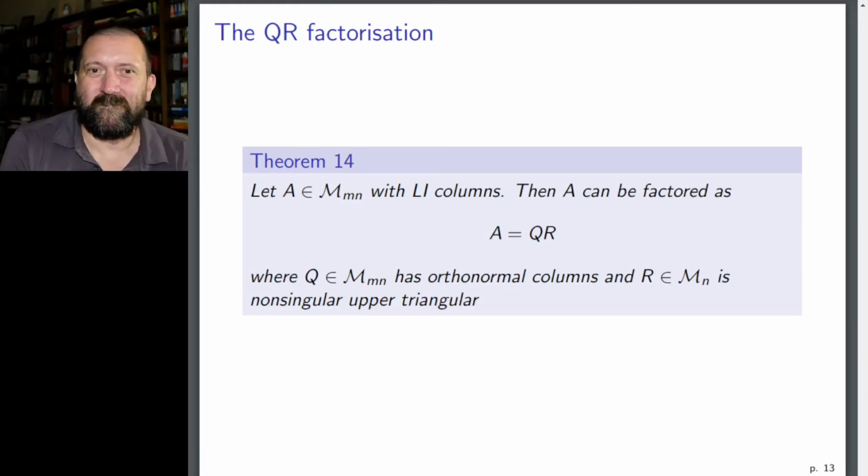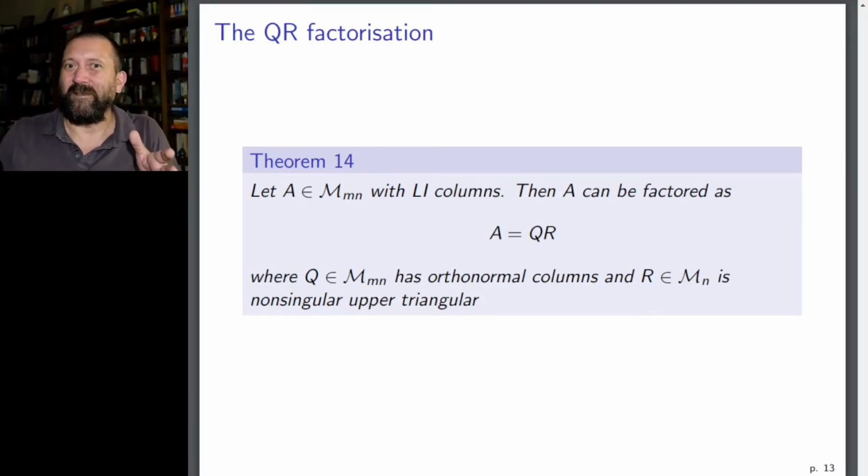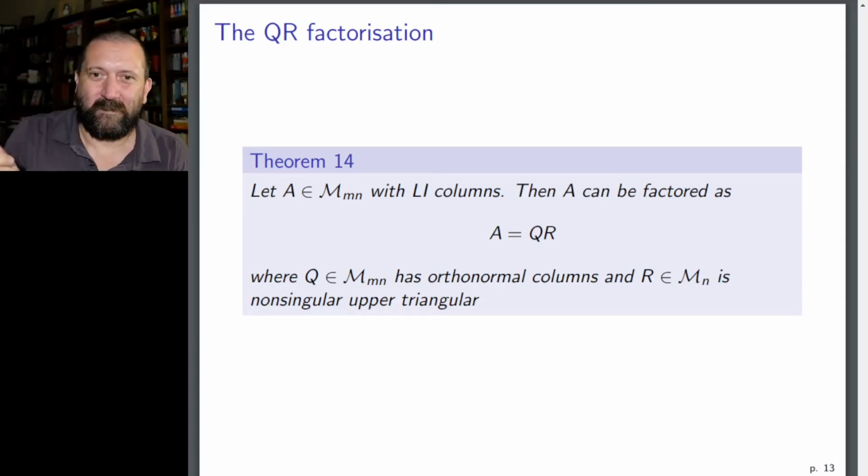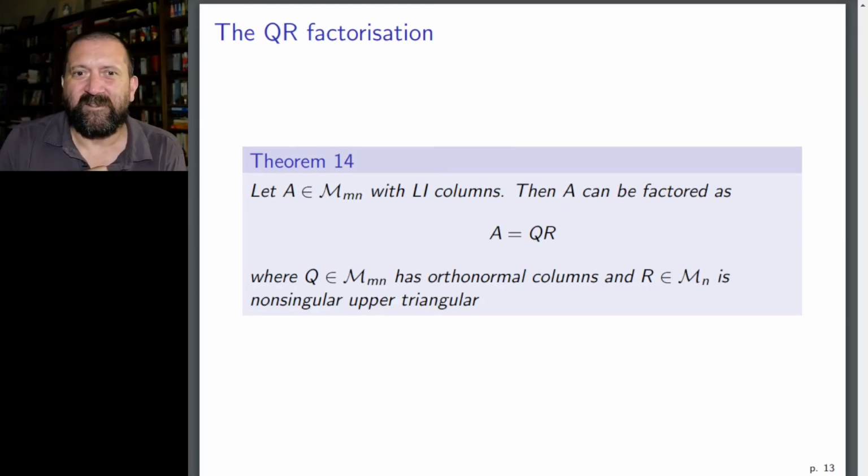Now, QR factorization concerns matrices, but remember that matrices are just a good place to store vectors. Let me take an m by n matrix A with linearly independent columns. Then I can factor that matrix, whatever the shape, provided the columns are linearly independent, as the product of two matrices.